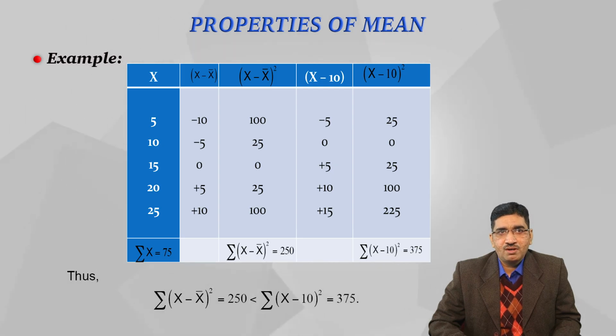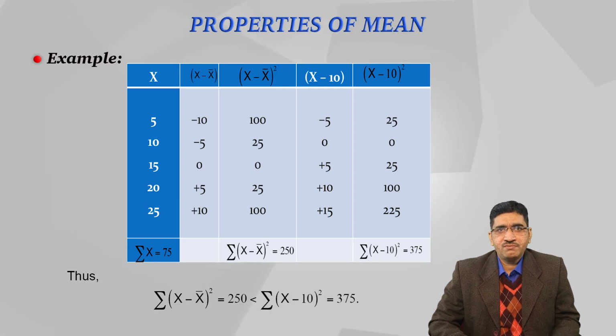Now again we take a random value, that is an assumed value 10, from the x values and take the deviations in the fourth column. So it will become minus 5, 0, plus 5, plus 10 and plus 15.